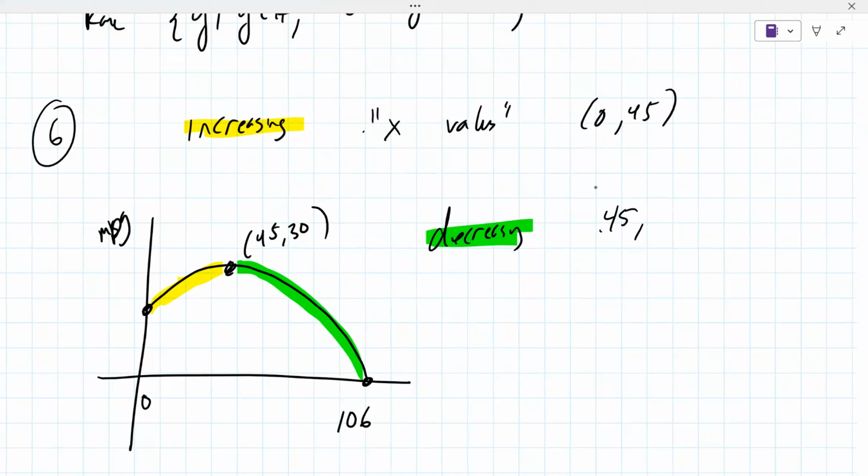X values. 45 to 106. It's always the x values for increasing and decreasing. Okay. Always x values. Okay, I'll have to practice this one, I guess.